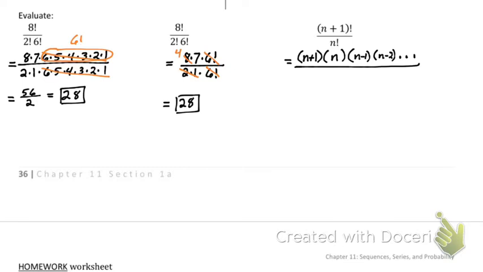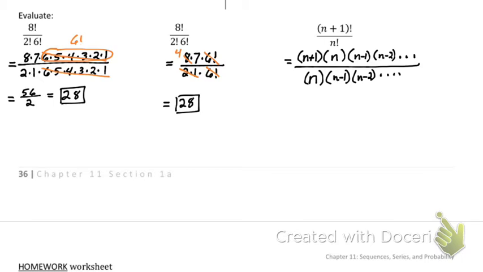Okay, let's look at n. I'm going to start with n. What would my next term be on the bottom? I'm doing n factorial. I already got n. What would be the next thing I write next to n? N minus 1. And keeping that pattern, we do n minus 2. We could do n minus 3. I'm just going to put a dot, dot, dot. Because what I want us to notice is that there's the same pattern up here as there is down here.